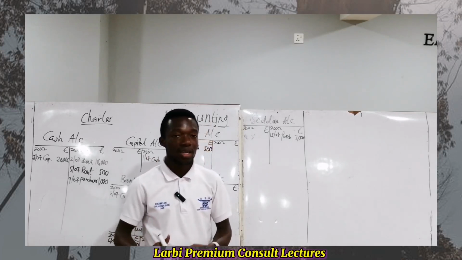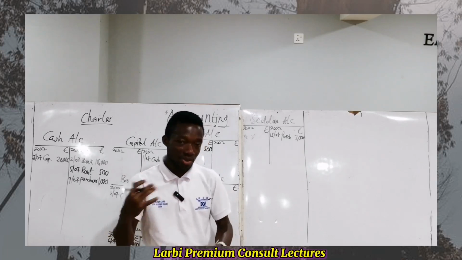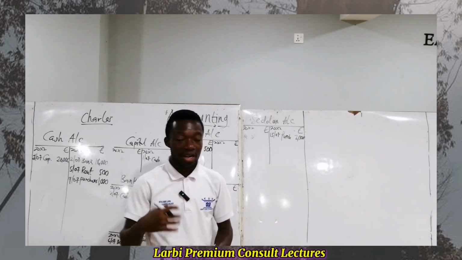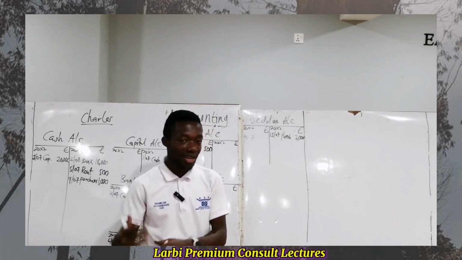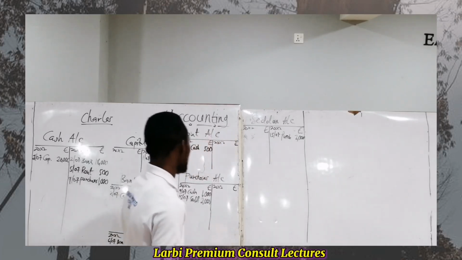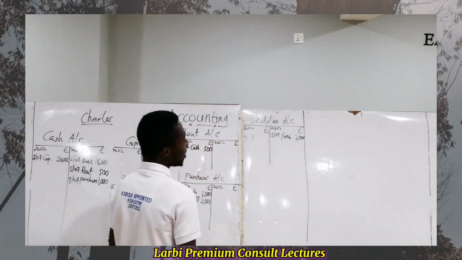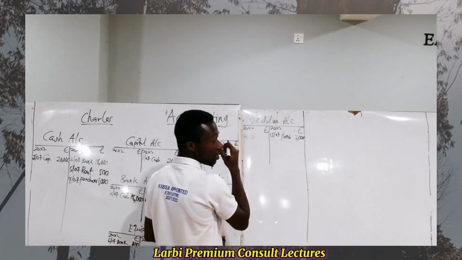That means the goods that we receive from Sedon for which we are not satisfied, we are returning back to him again. An account that's going to open is called what? Purchases returns, also called return outwards. So we're going to use that account to cater for this transaction. So you are going to open an account called what? Purchases return. But in this case, you're supposed to record it straight in the Sedon account.